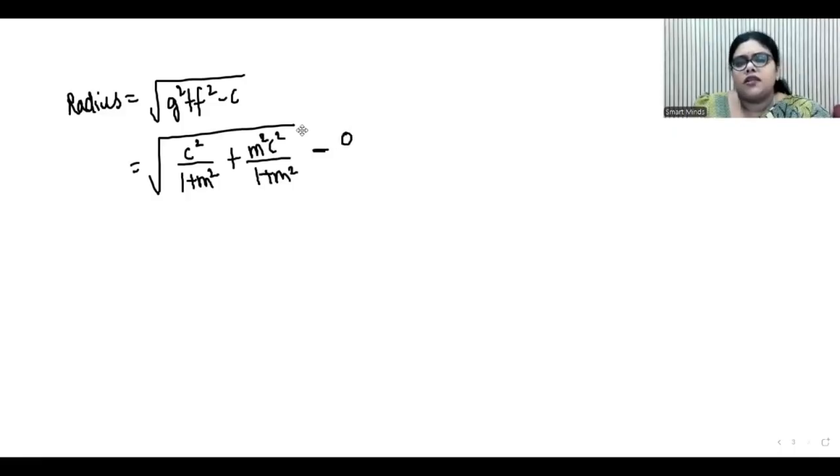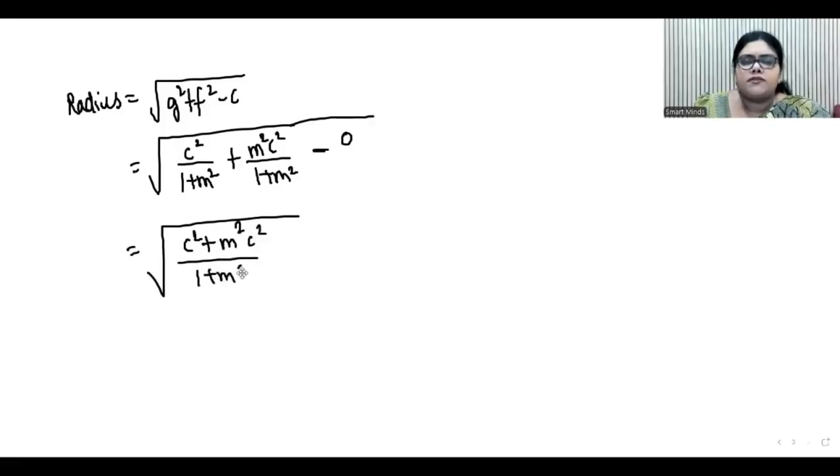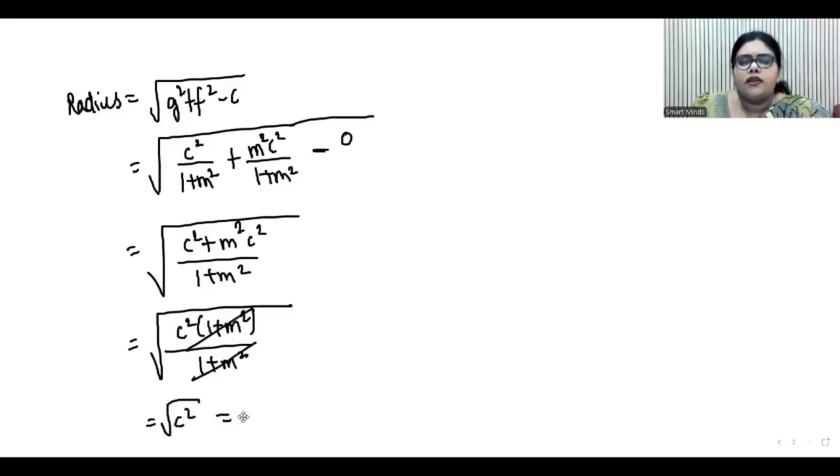Minus c is 0. Now we can add the numerator, c² + m²c², over 1 + m². In the numerator if you take c² common, we will get (1 + m²)/(1 + m²). The 1 + m² get cancelled, that is root c², which is equal to c. So radius is equal to c.